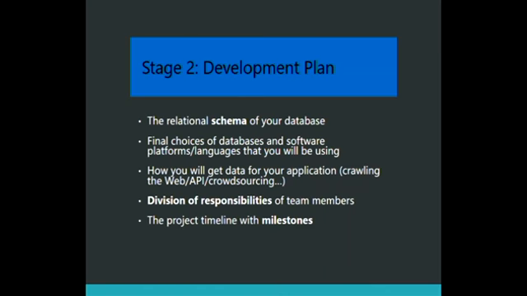Again, that's from either users, or cross APIs, or crawling from the web. And how are you going to distribute the work among the team members. You will also write a milestone: what you are going to achieve on this date and what you plan to achieve on that day.